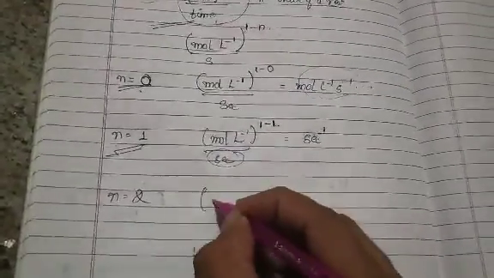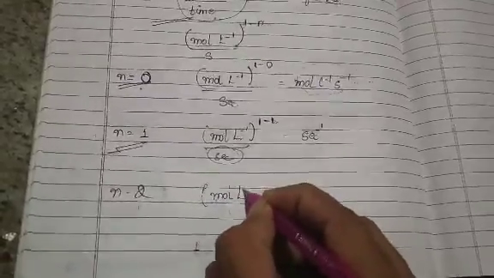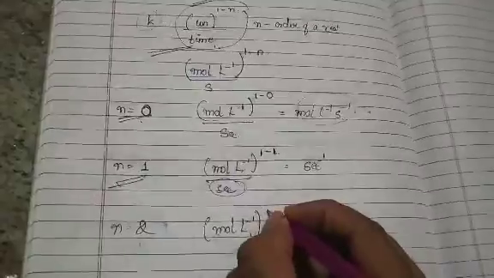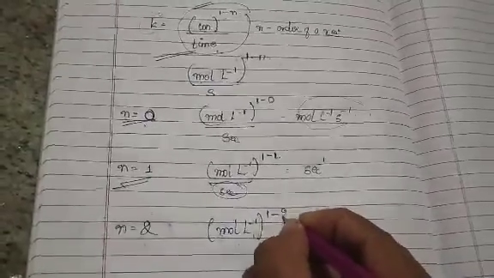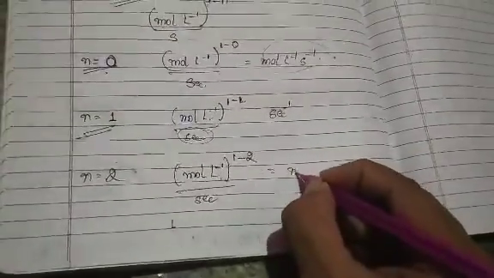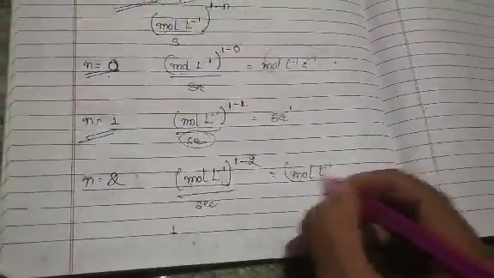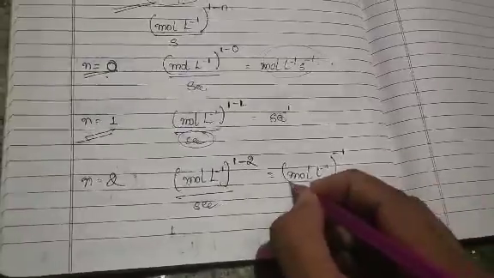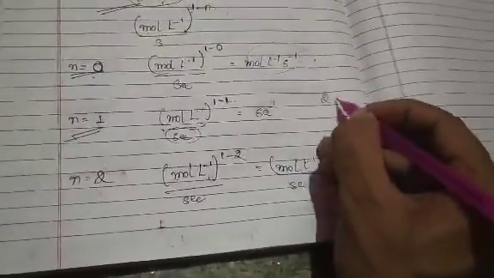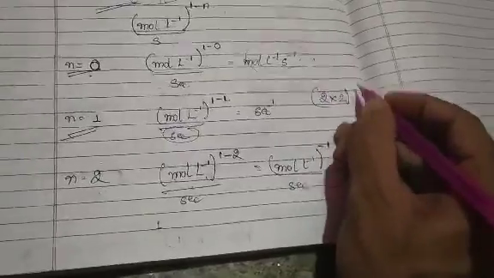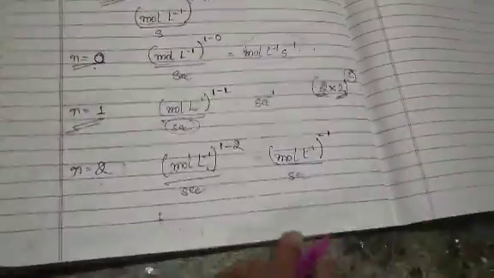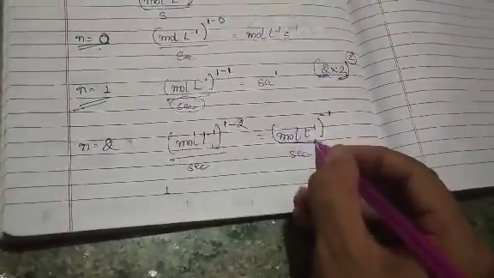Can you please help me? Of course, mole per liter. What should I write here? First comes 1, minus n, that is 2, divided by second. So 1 minus 2 means mole per liter to the power of minus 1 by second. As I said in my previous example, the square applies to both the 2 and the 2, so here mole is there and per liter is also there.